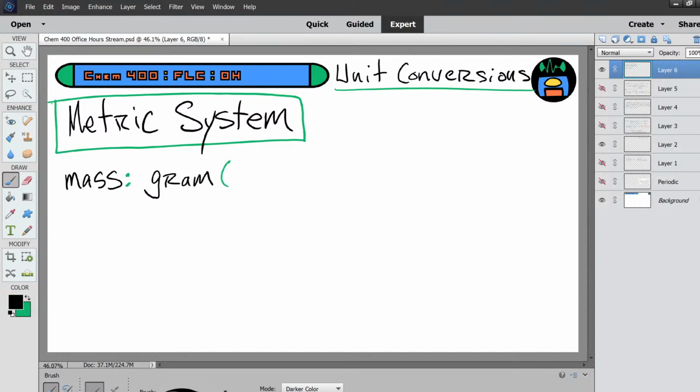abbreviated with a lowercase g. It has a base unit of length, called the meter, abbreviated with a lowercase m.